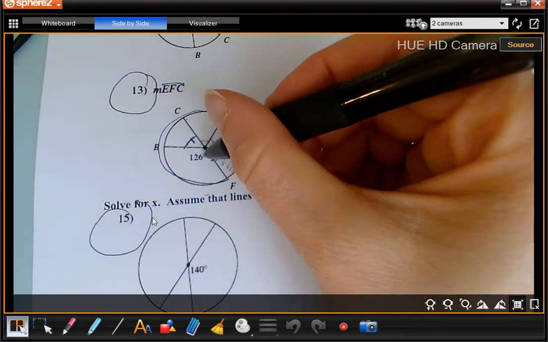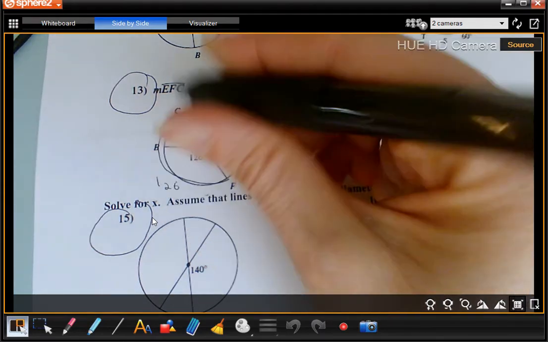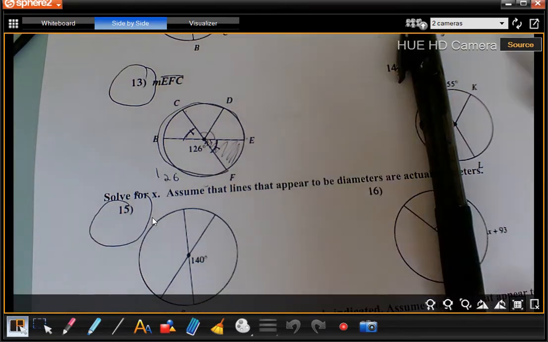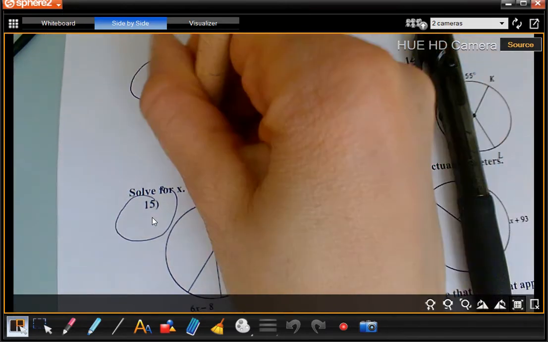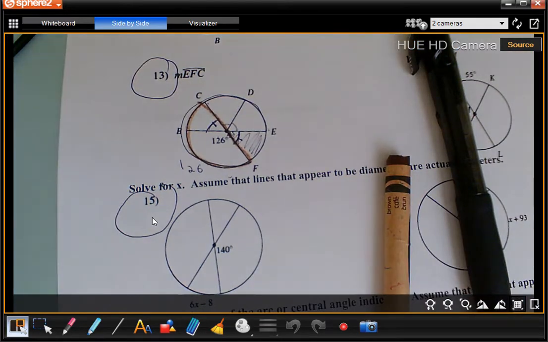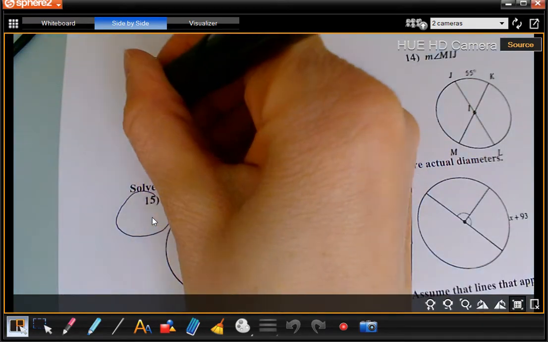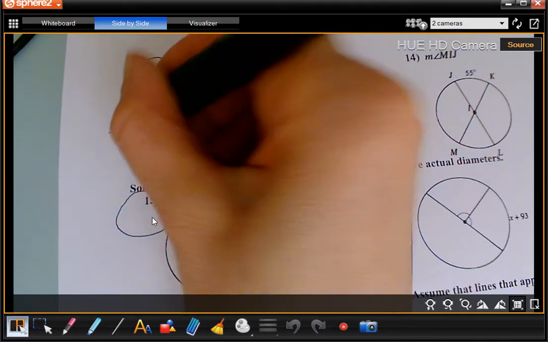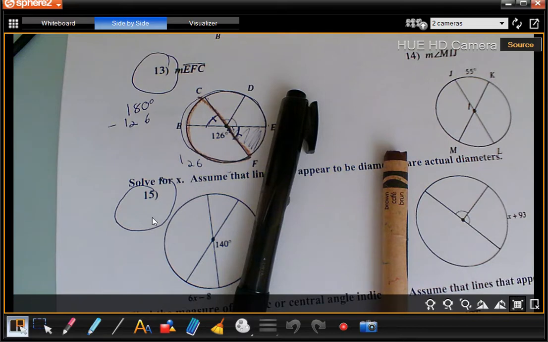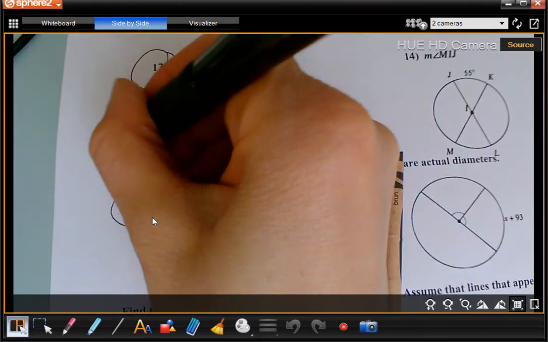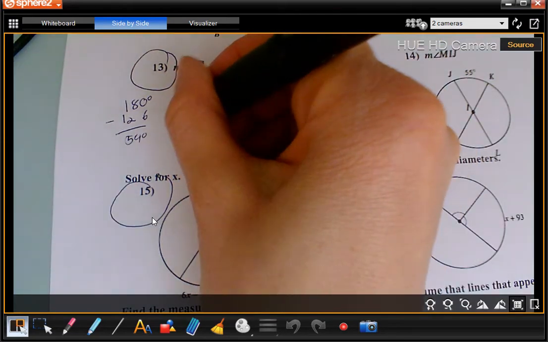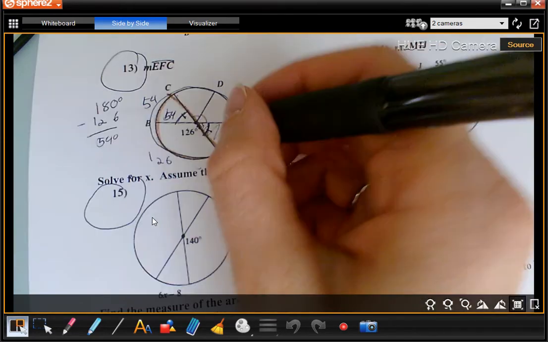So the first thing we can do is, if this is 126, so is this. Now if you see right here, and I'm going to try to use a brown crayon to show you, that is 180 degrees. So if we go 180 degrees minus 126, we will get 54 degrees, which means this is 54, which means this is 54, which means that is 54.